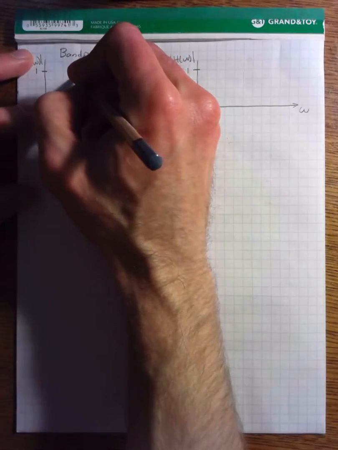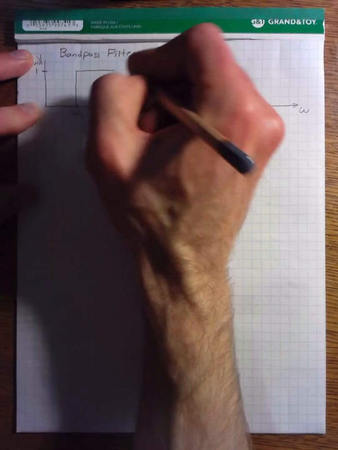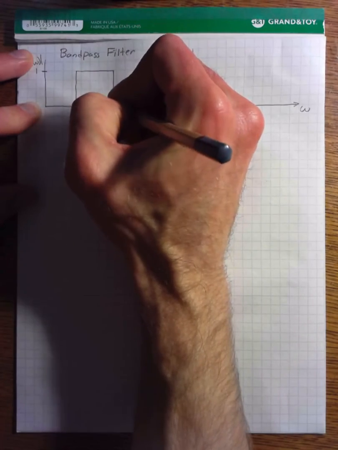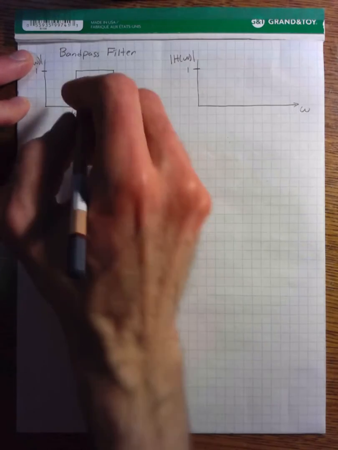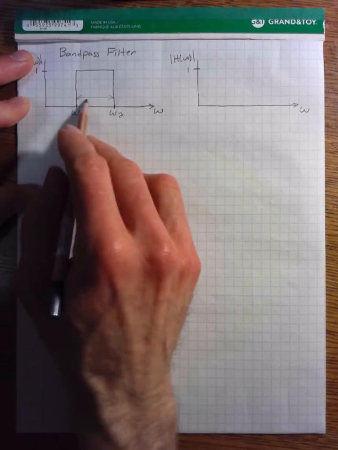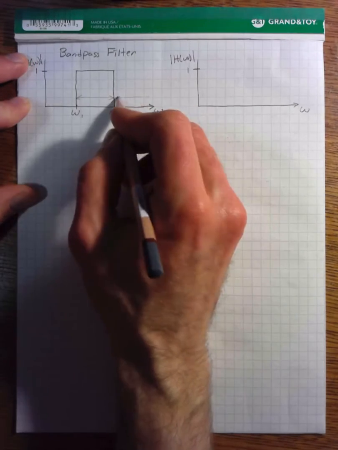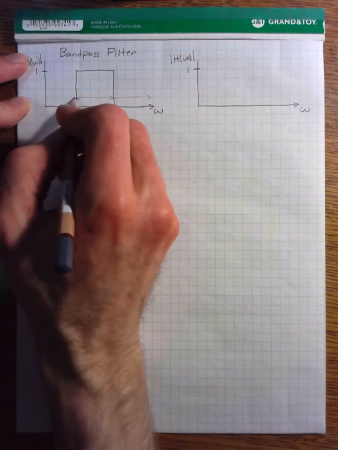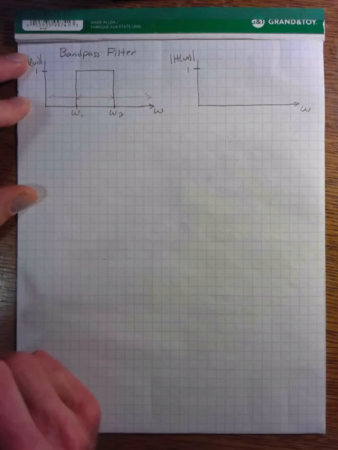And the filter response for a bandpass filter is equal to 1 between omega 1 and omega 2, and it's 0 outside. So this range of frequencies is the passband of the filter, and above omega 2 and below omega 1, those are the stop bands of the filter.